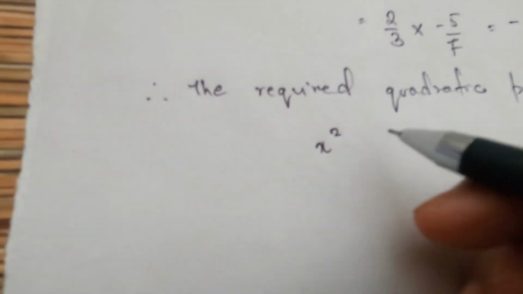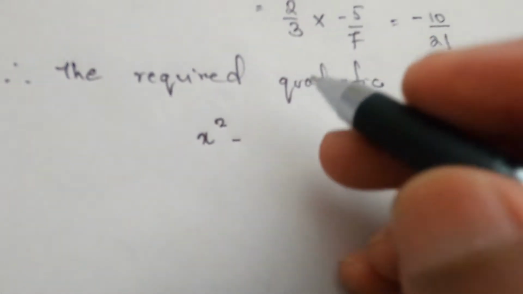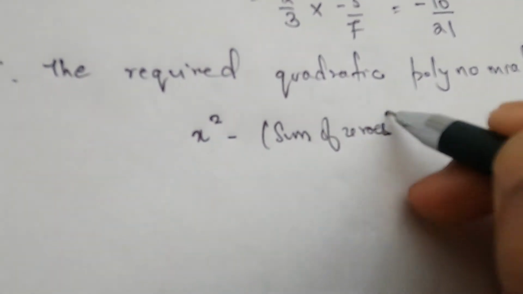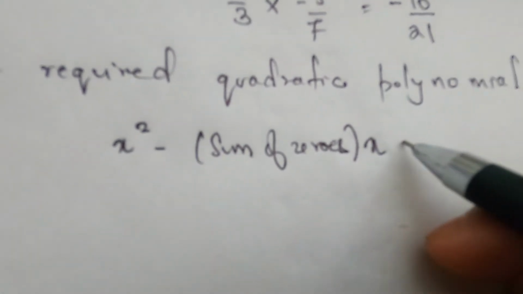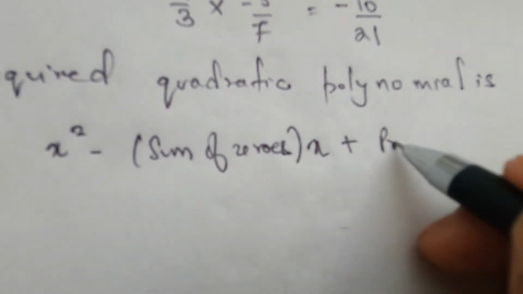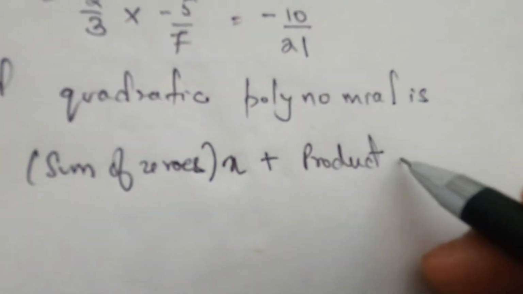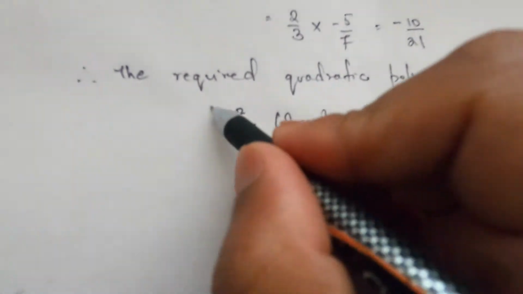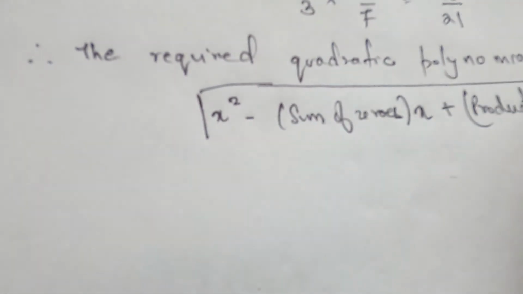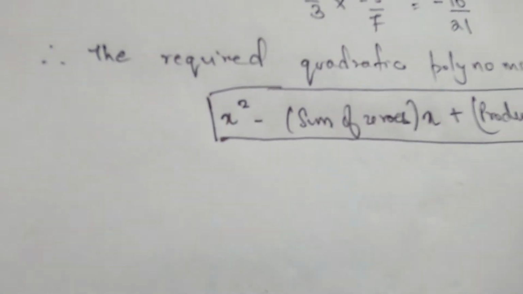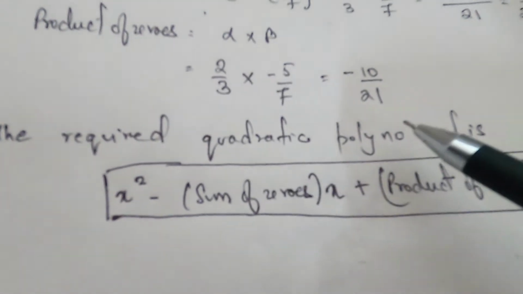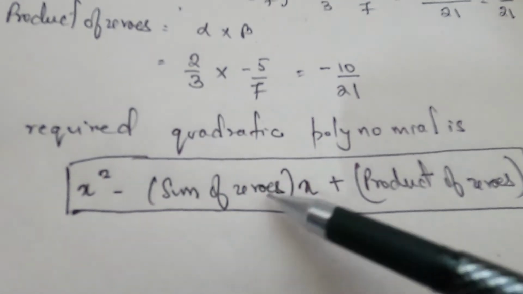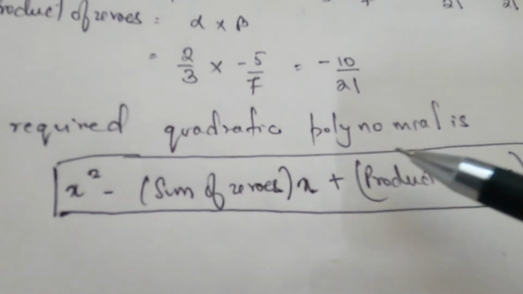The first term will be x square minus sum of zeros, and then here we have x plus product of zeros. If we ever want to find a quadratic polynomial, we have to use this formula: x square minus sum of zeros in bracket x plus product of zeros.